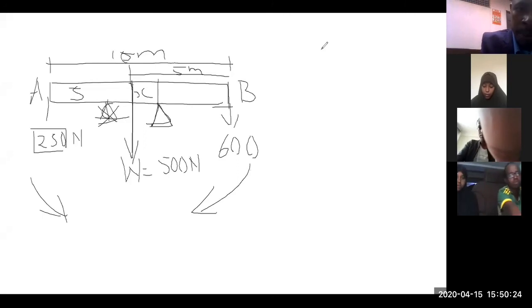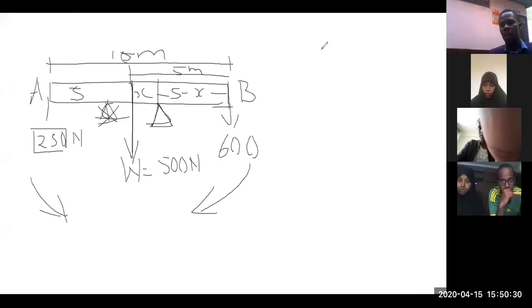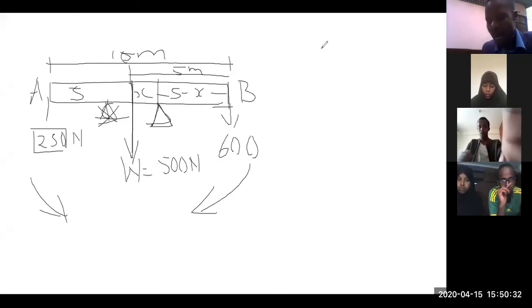The remaining is going to be 5 minus X, and that is the distance from B to where we have placed our pivot. Now we know our turning point.